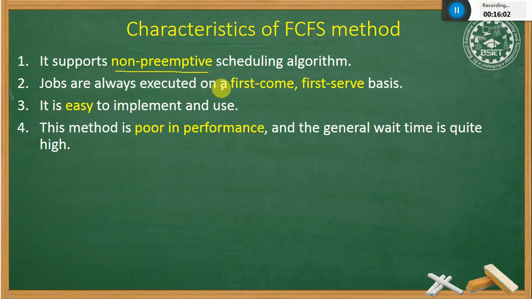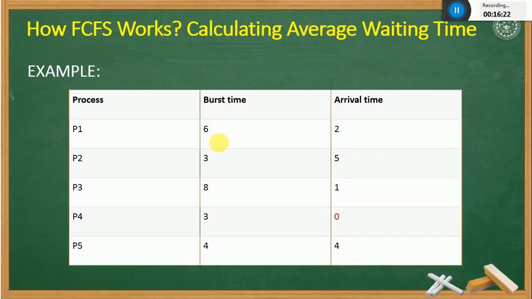So that is non-preemptive. The job which comes first in the queue will get the first response. It is very easy to implement and understand. Overall performance of this algorithm is very poor because the average waiting time is very high.